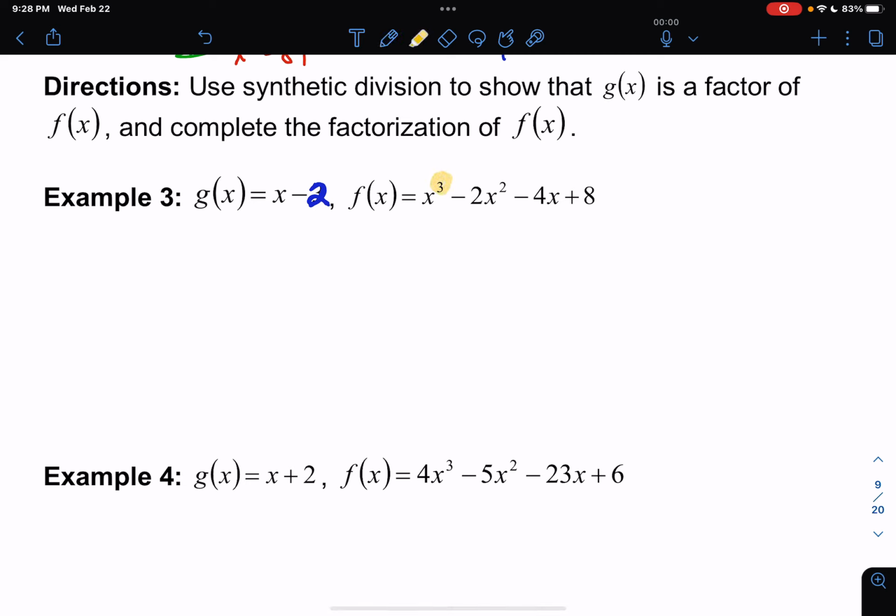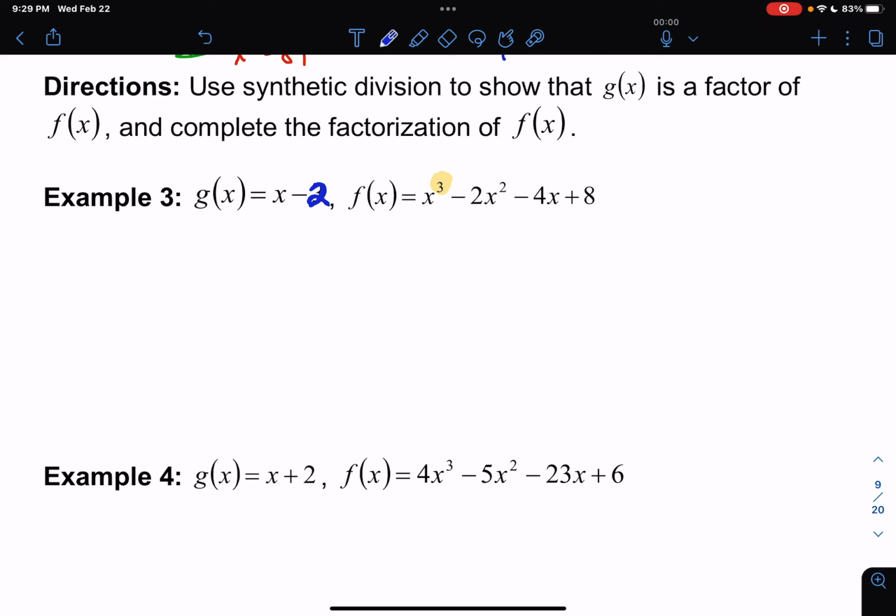This is an x to the third degree polynomial, which means that your graph could go in 1, 2, 3 directions. It means that your graph could have 3 linear factors. And it also means that your graph could cross through the x-axis in up to 3 locations. So let's look at setting up the synthetic division to show that it's a factor.